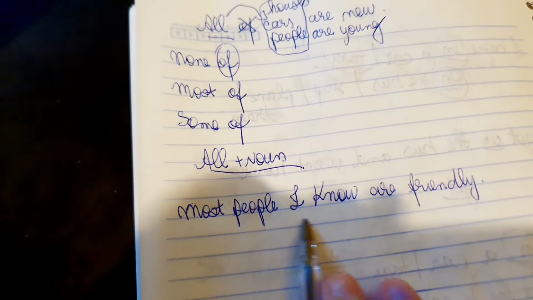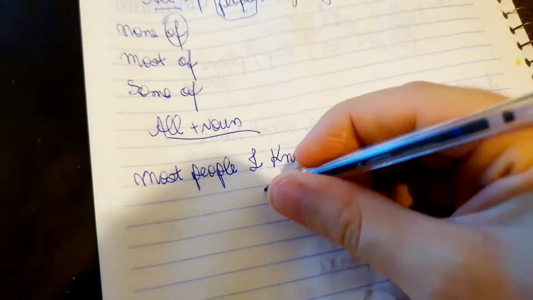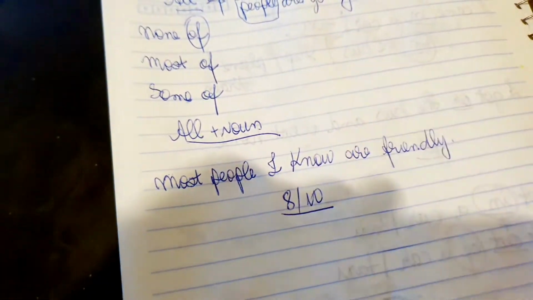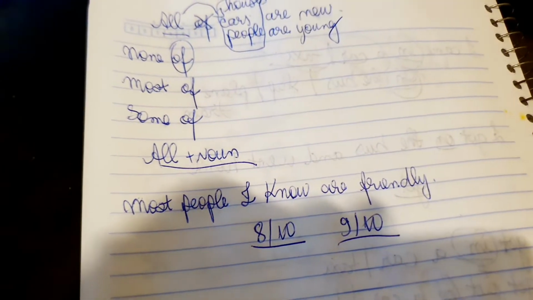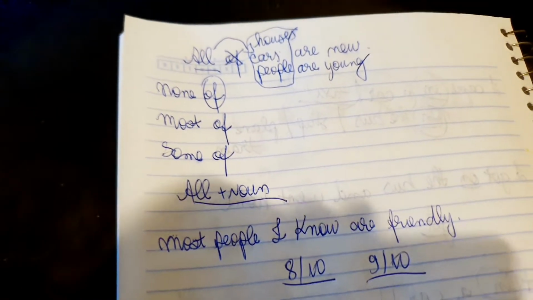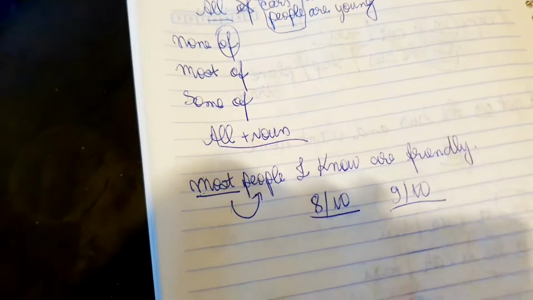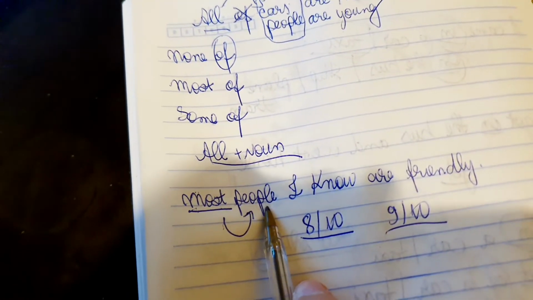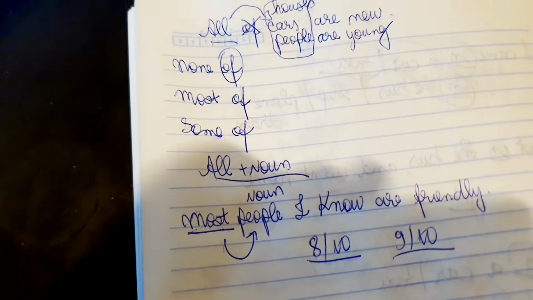When you say most people I know are friendly, it means, for example, that out of 10 people you know, or 9 of 10 people you know are friendly. I don't know as many people as you'd think, but anyway, this is just an example. Most people, so most follows people, which is a noun, okay?